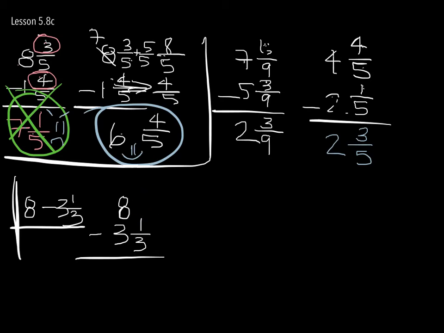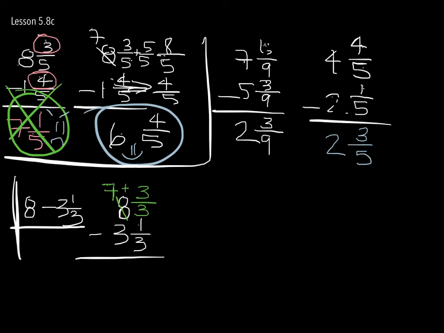So what I have to do is rename. I'm going to take my 8 and change that to 7. And I'm going to take that 1 and bring it over here, but I have to rename it to 3/3. Now that's 1. Together, that's still going to equal 8, but I just changed the way it looks. Now, is 3 greater than 1?